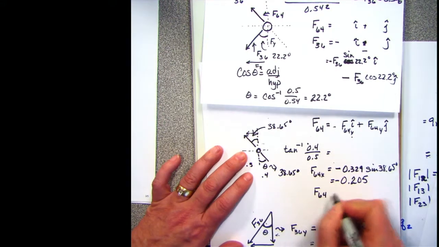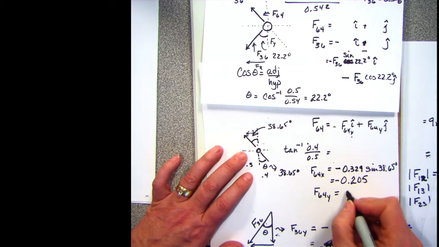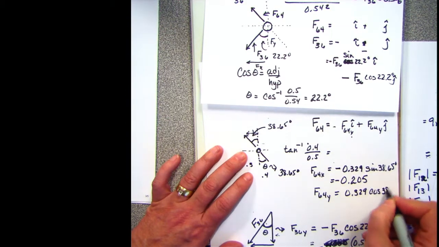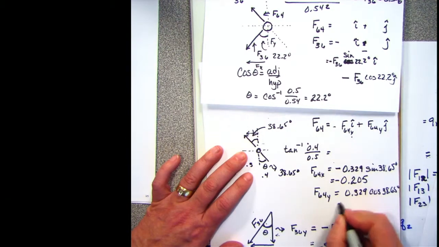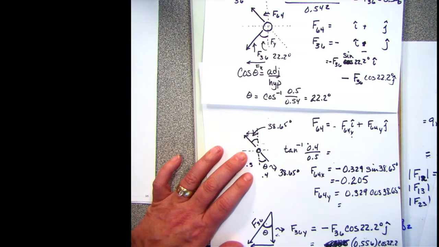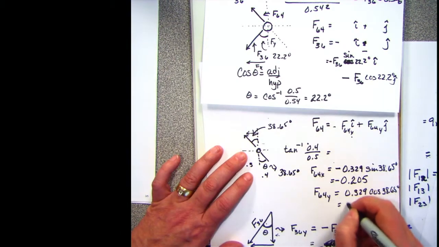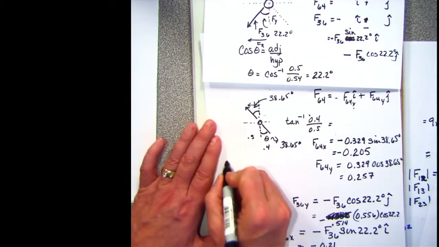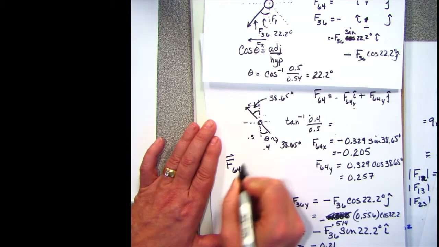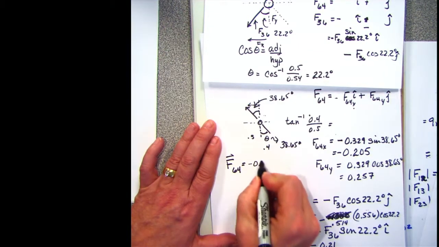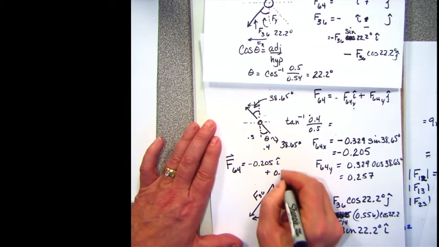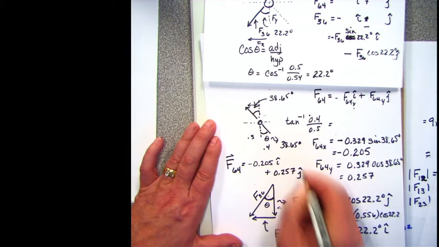And F64 in the y is 0.329 cosine of 38.65. This gives me 0.257. And so this vector looks like minus 0.205i plus 0.257j.